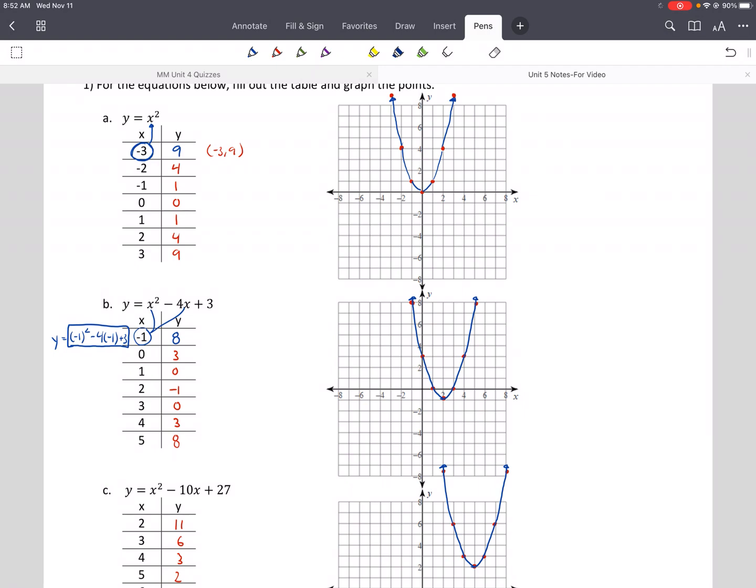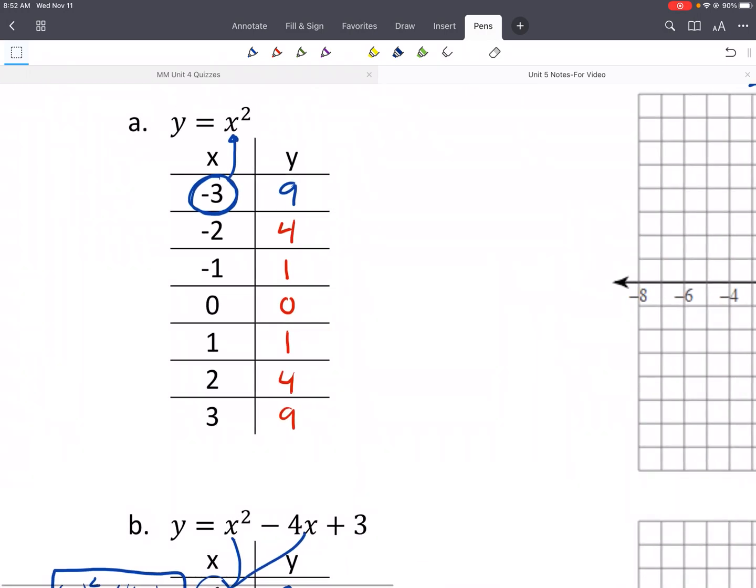All right, so to find the rate of change we just do the difference between our 2 y values, okay? I mean, the rate of change is like your rise over run, right? So our run is always going to be 1. So we're just going to look at the y's and figure out what the rate of change is.